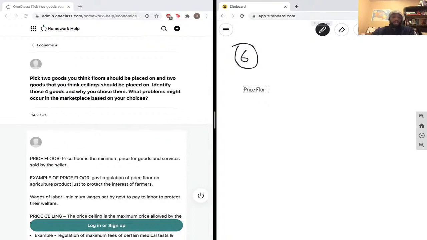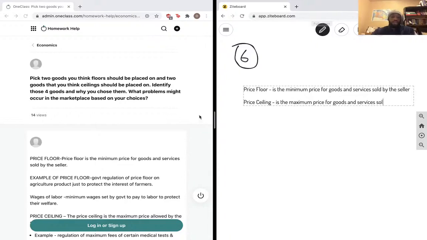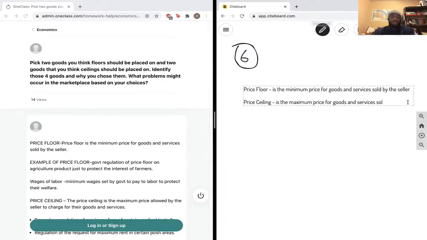Price floor is the minimum price for goods and services sold by the seller, and price ceiling is the exact opposite, is the maximum price for goods and services charged by the seller.